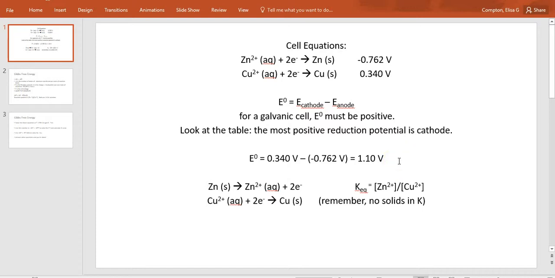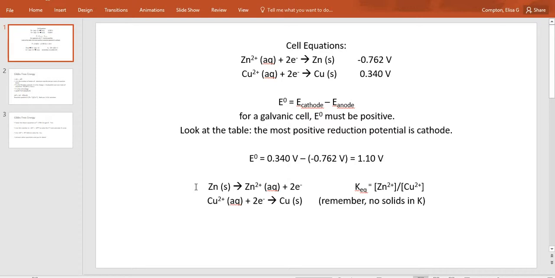So looking at this, I'd also like to look at what kind of products and reactants I am dealing with so that I can write a K expression. Well, the copper reduction at the cathode, I can just leave the way it was in the table because they're all reduction potentials. For the zinc, however, that's my oxidation. Oxidation is losing electrons, so I'm going to have to flip that to look at what the products are of my oxidation reaction.